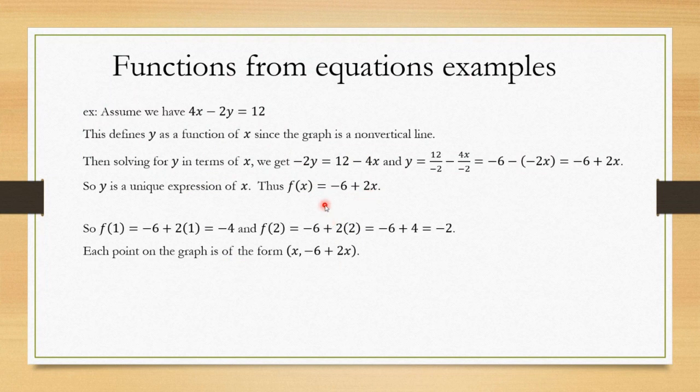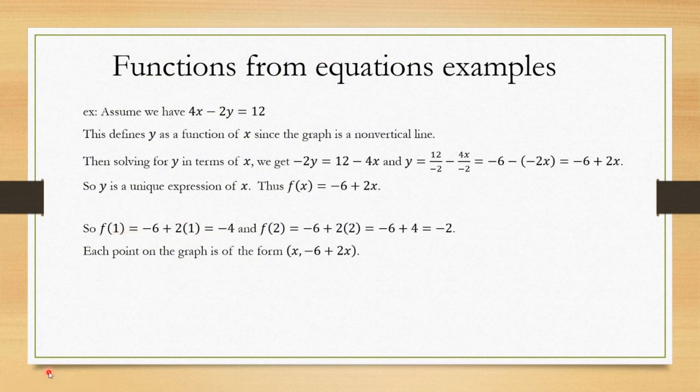We have our formula here. Not only that, this is just an example I'm doing: if you wanted to get f of 1, so 1 is your input, your output would look like this. You have -6 plus 2 times 1, which is -4. So 1 as your input gives you back -4.